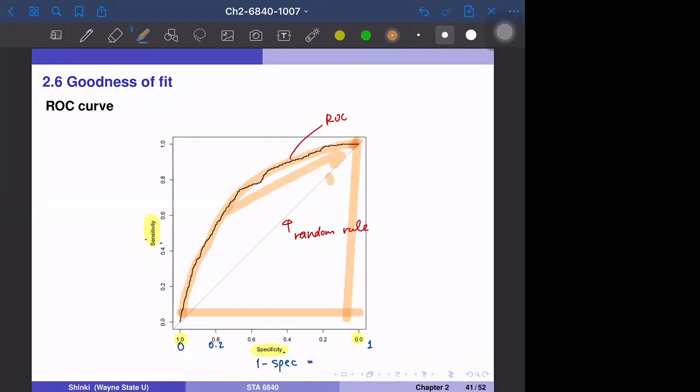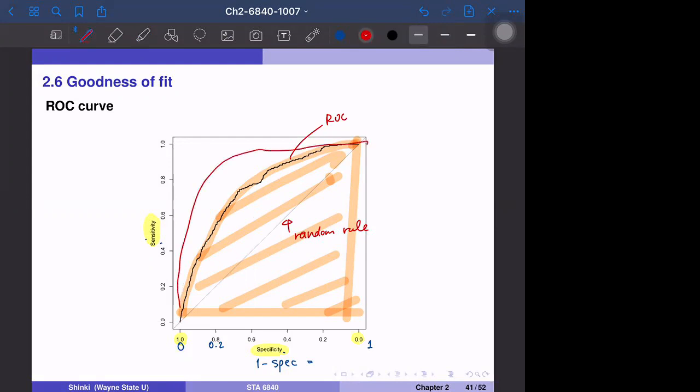So this area may be useful information, because for a random rule the area is 1/2, but for a more reasonable, even better rule, this area gets larger. So this is called AUC, area under the curve.